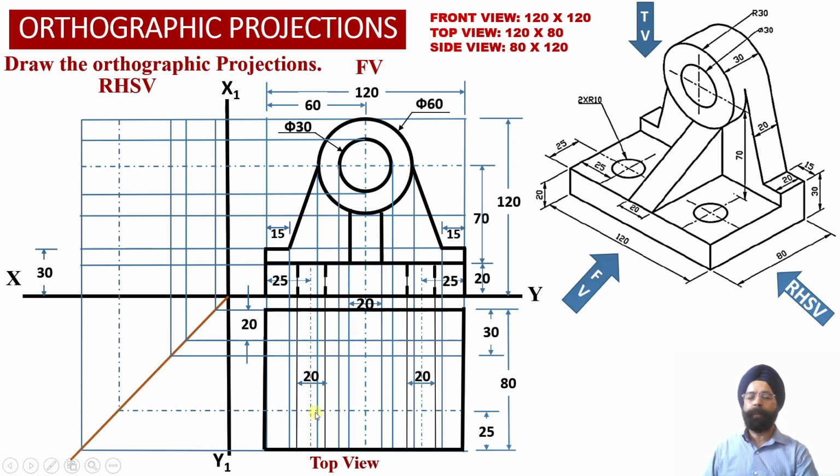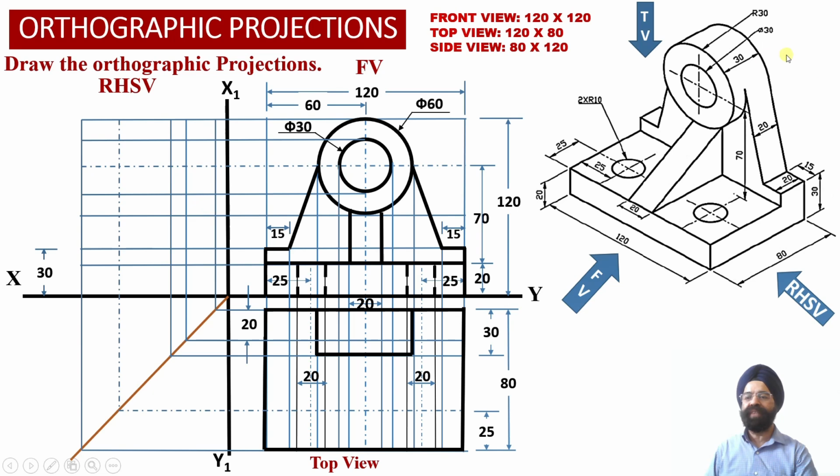Now once we have obtained these two center points, let us proceed with evaluation of the top view projections corresponding to different elements of the solid. When we look at the solid from the top, this complete boundary of the solid will be visible to the observer.